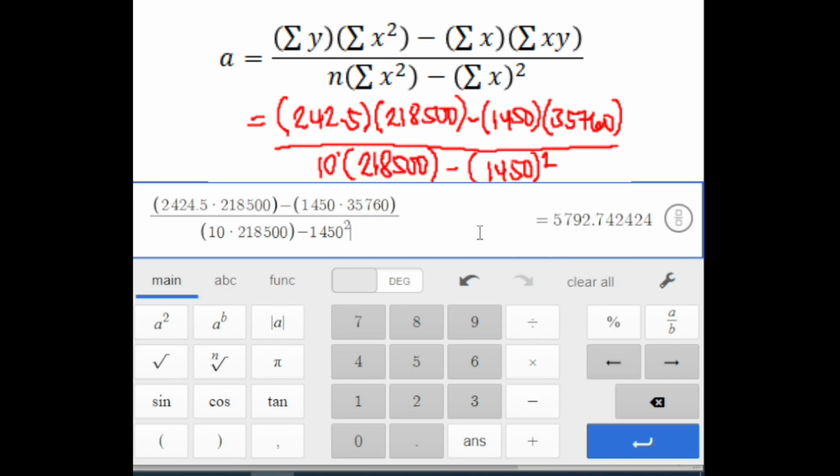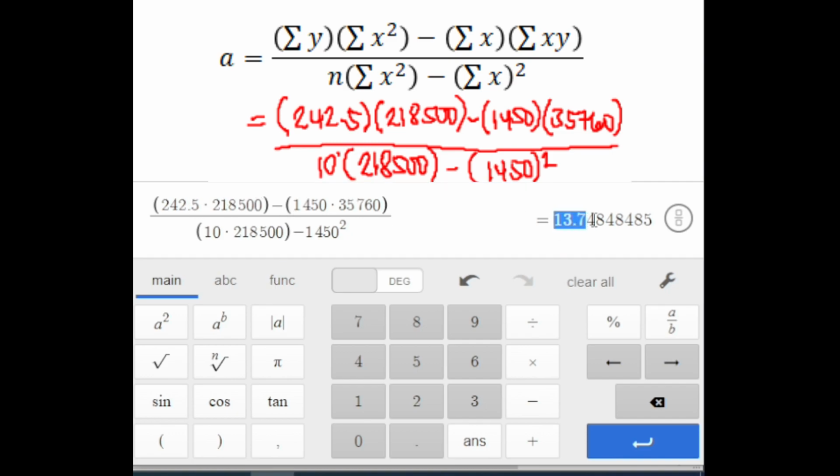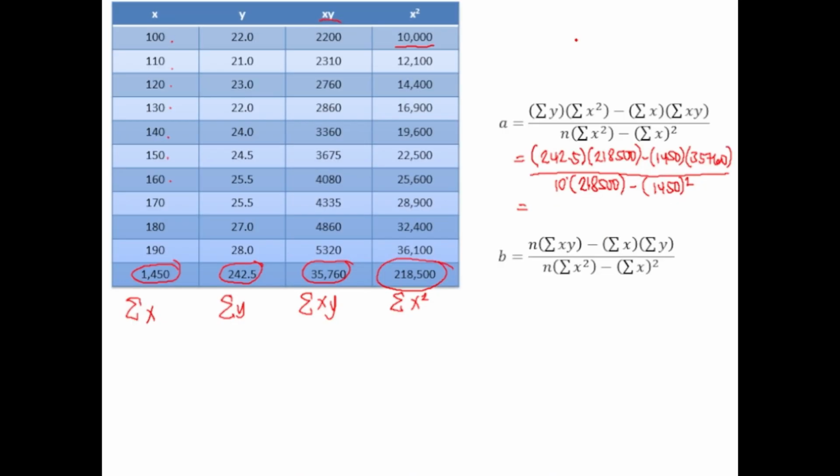Okay, nasobrahan ko ng pindot. So, yan po, no? 13.75 ang kukunin lamang po natin. So, ang sagot po dito sa A ay 13.75. Next, let's have B.